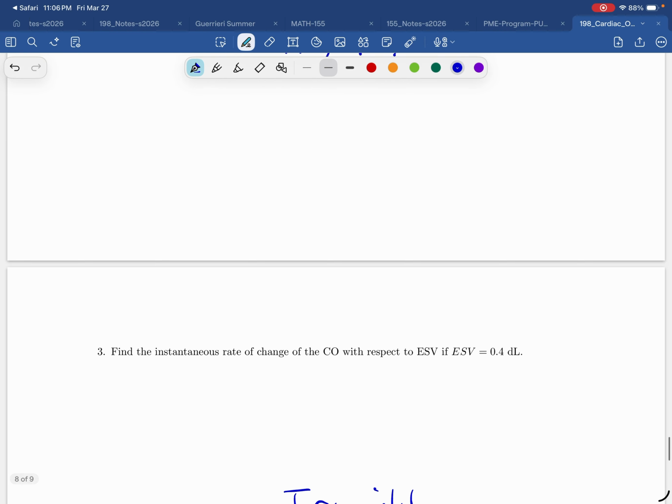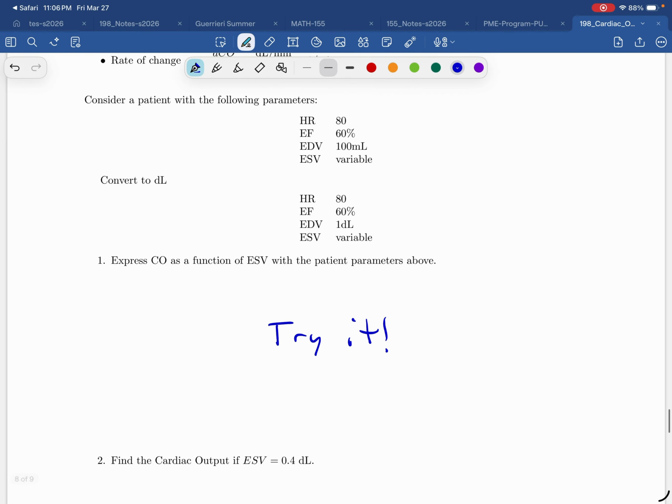Just want to point out that for this one, we do need to use the function cardiac output equals, I believe, EDV minus ESV times heart rate.